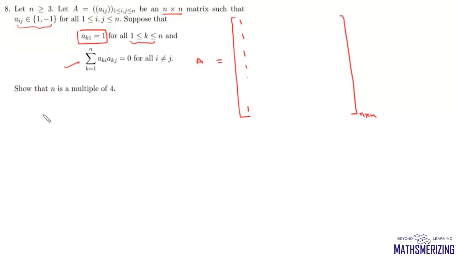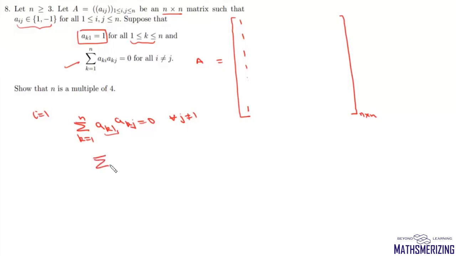So what we'll do is, in this we'll take i as 1. Then we can write this summation as k varies from 1 to n, ak1 akj, and this is 0 for all j unequal to 1. Now ak1 is always 1.